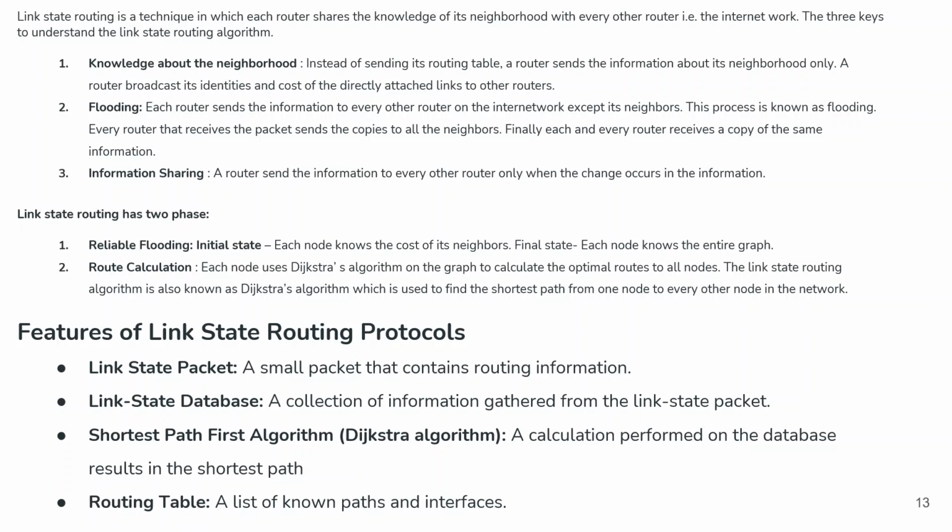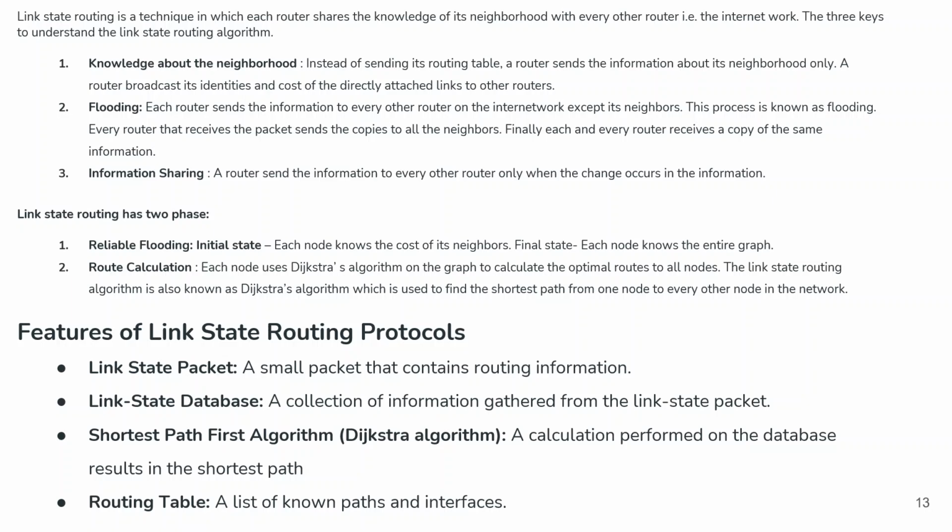In the distance vector routing algorithm, we have seen that the complete routing table information is shared. But here only the information related to the neighborhood is shared. A router broadcasts its identity and the cost of the directly attached links to the other routers. So the whole table is not shared, only the identity and the cost associated with the neighborhood.